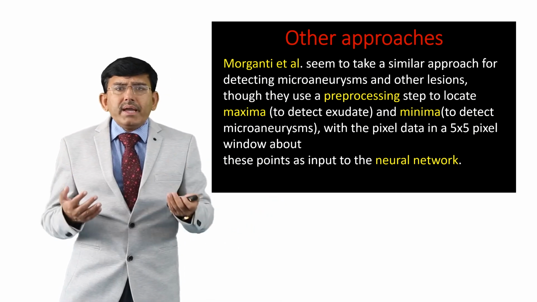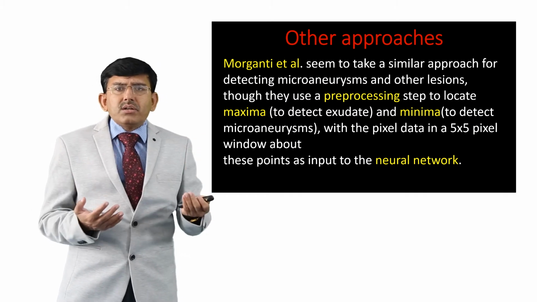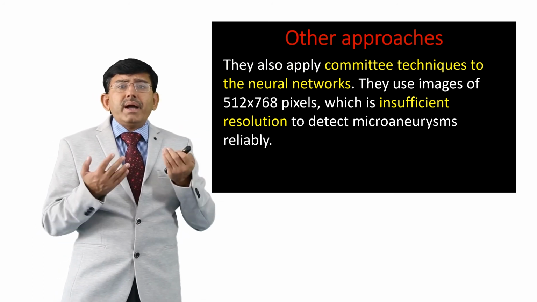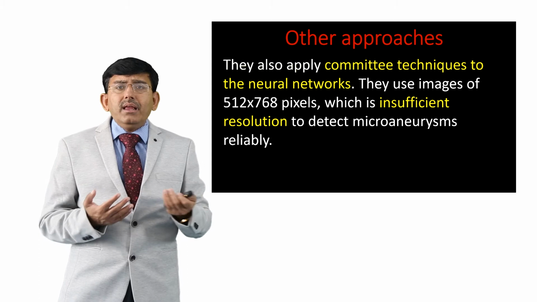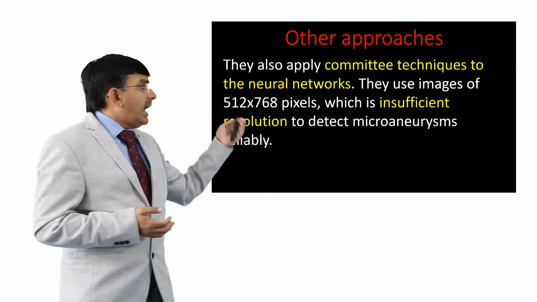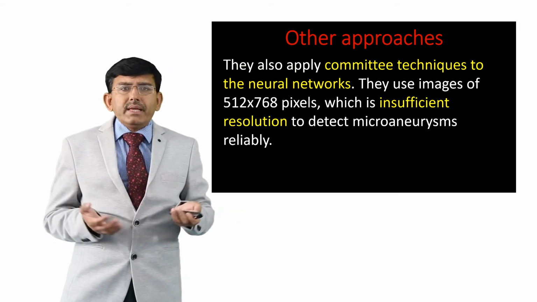They also apply a committee technique to the neural networks. They use images of 512 by 768 pixels, which is insufficient resolution to detect a lesion such as a microaneurysm reliably.